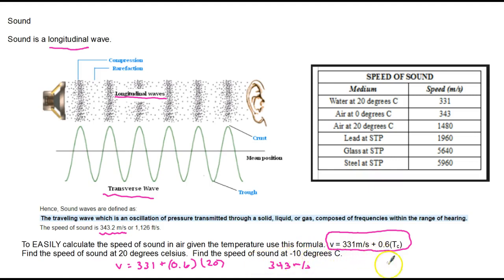And at minus 10, that'll be 331 plus 0.6 times negative 10. And so that's a negative 6 here. And so 331 minus 6 is going to be 325 meters per second. So it's way easier than another formula that you might see.